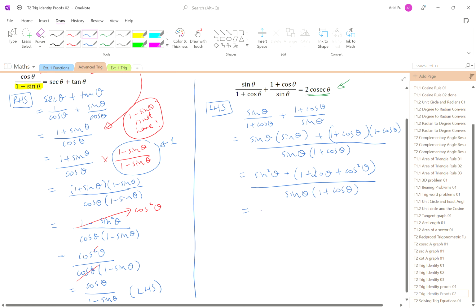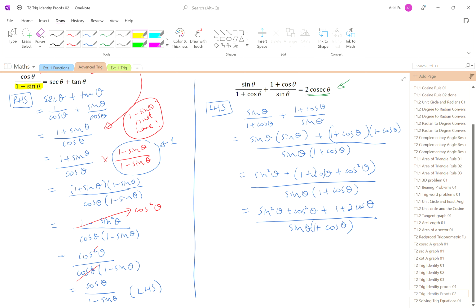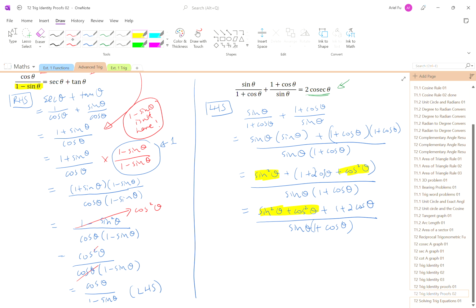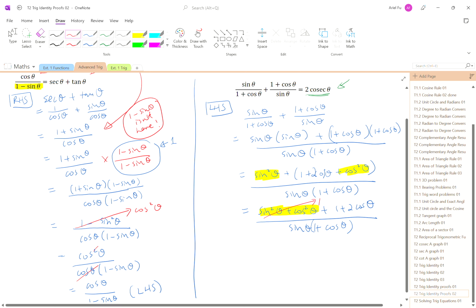This is the same as sine squared theta plus cosine squared theta plus 1 plus 2 cosine theta. Notice that my eyes went straight to sine squared and cosine squared because I know this part. If I combine them, it's going to give me 1.